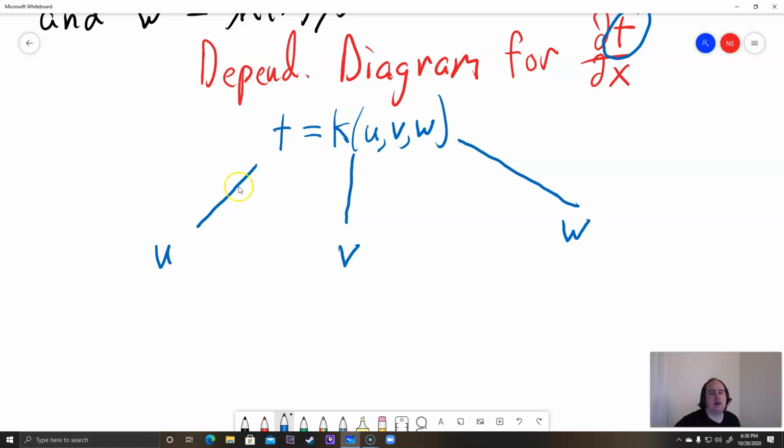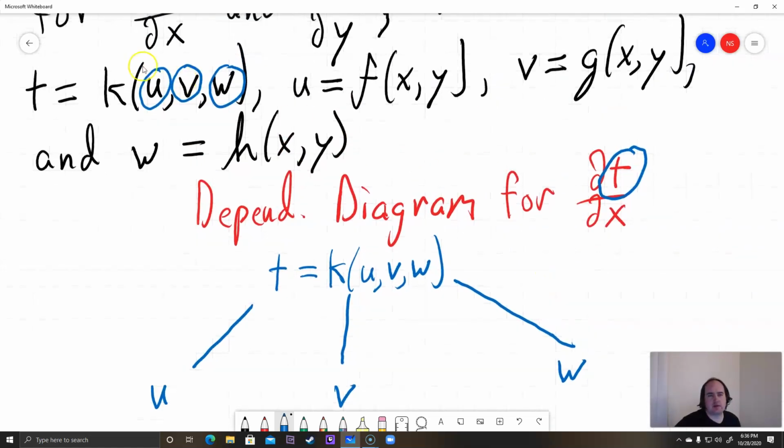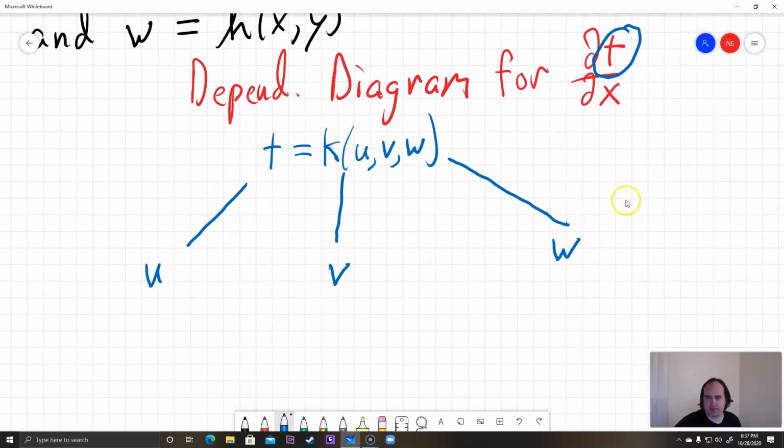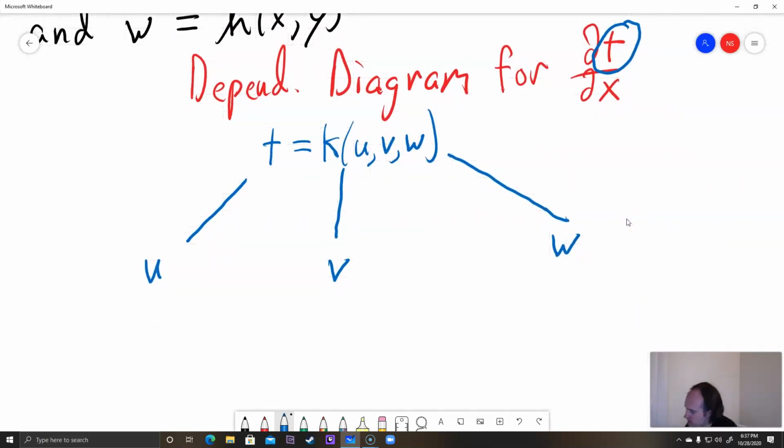Okay? And then to finish the rest of our dependency diagram, we know that u is a function of x and y. And we also know that v is a function of x and y, and w is a function of x and y. But remember, we're doing partial t partial x here. So we don't care about the y, we only care about the x for this dependency diagram. So you start at t, which is in the numerator, and then you work to x, which is in the denominator.